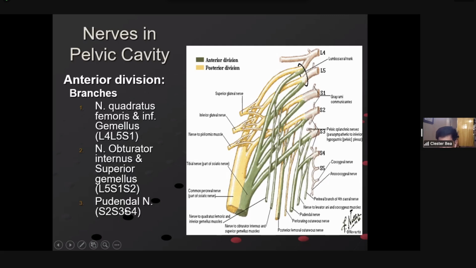Now, the pudendal nerve is a very important nerve because it is chiefly the nerve supply to the perineal region. It has motor and sensory branches to the perineum. So, this is really the nerve supply to the perineal region.